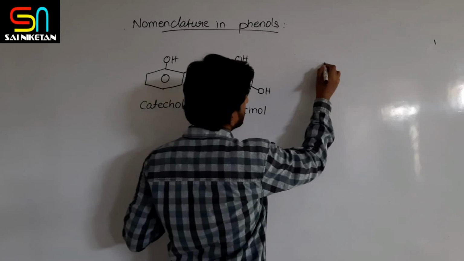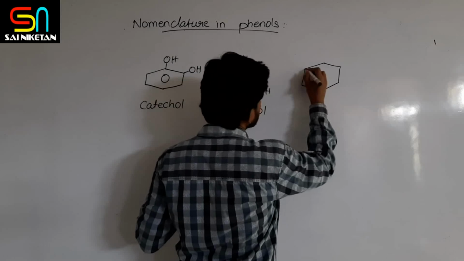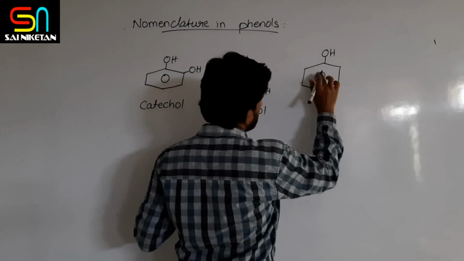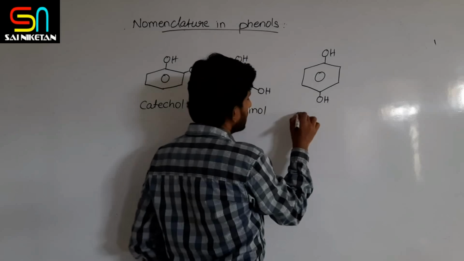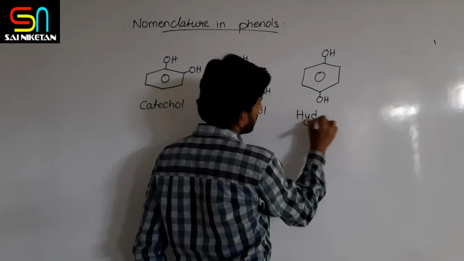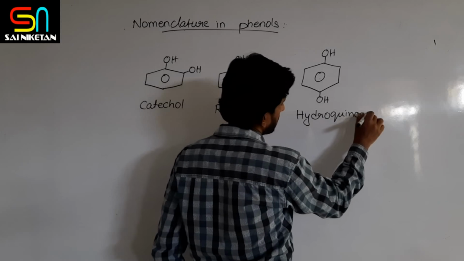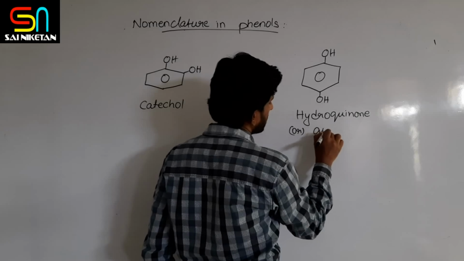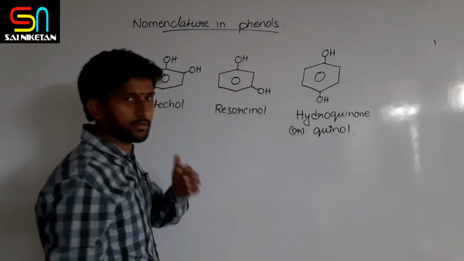If two OH groups on the benzene ring are para to each other, then it is called hydroquinone, or simply quinol.